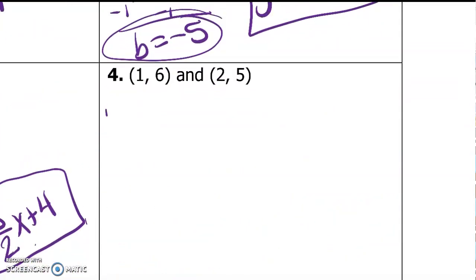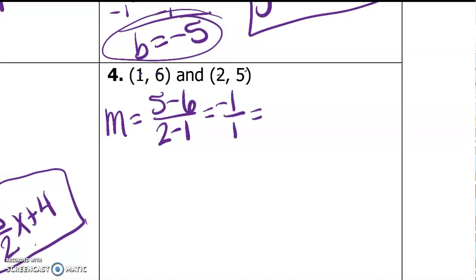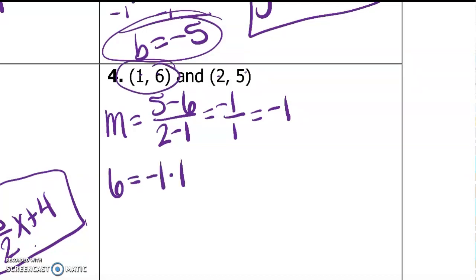Number 4, starting with our slope, 5 minus 6 over 2 minus 1. Y minus y over x minus x. That gives me -1 over +1, which is just -1. So I'm going to pick this one. 6 equals -1 times 1 plus b.